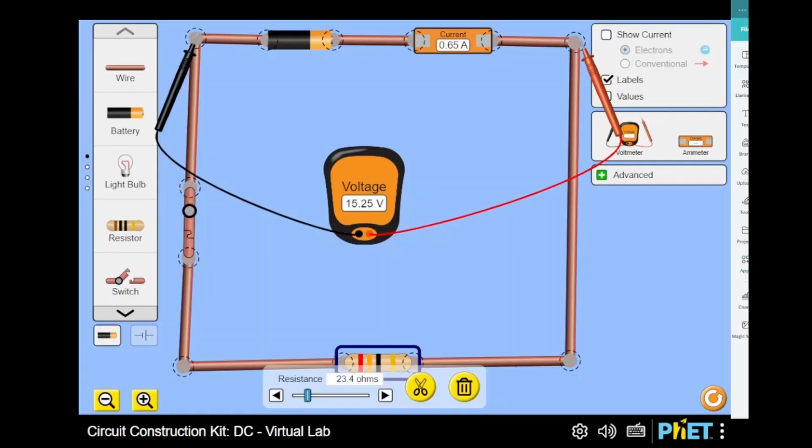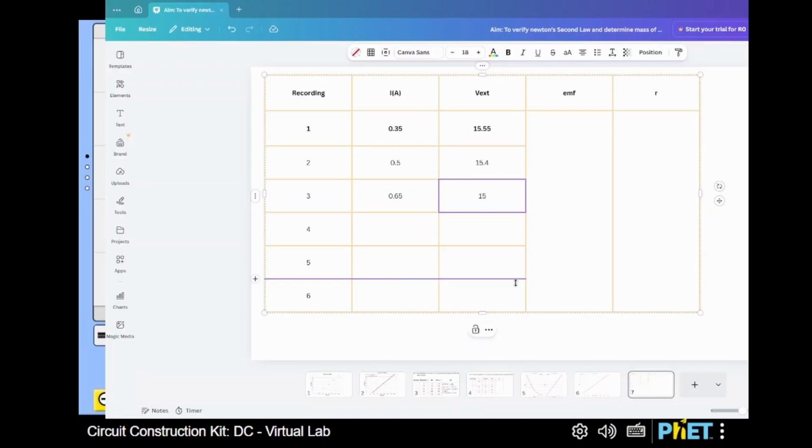So that's how I control the current. I control it by this resistor here, so that the current now reads 0.65 and the voltmeter reads 15.25. And I put my values on the table here, and then I continue the process.